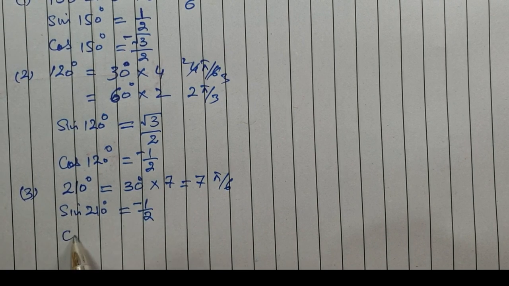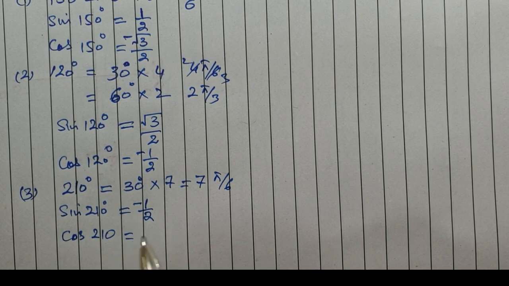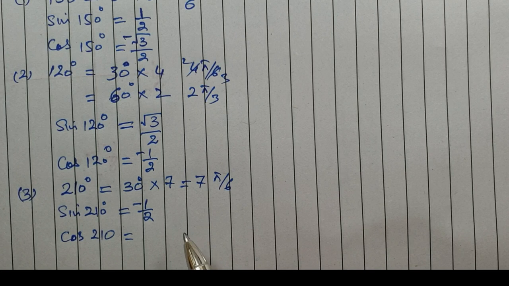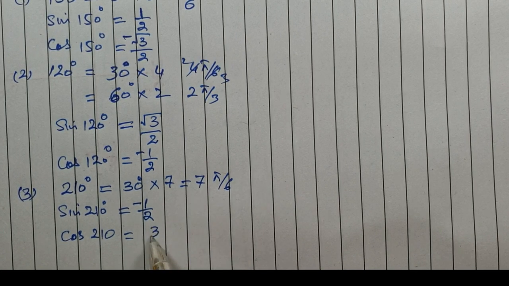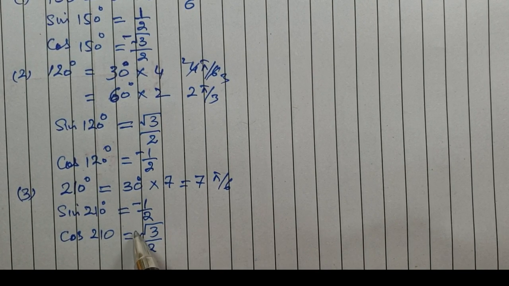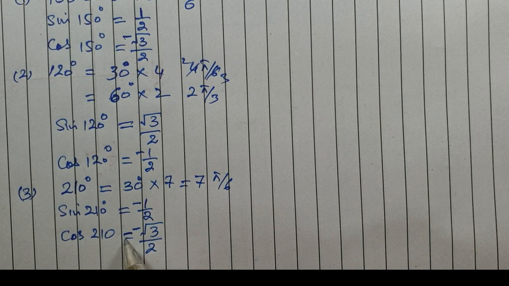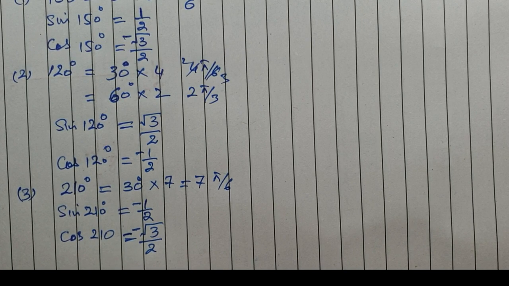And for cos 210, the value is for 30 degree, and cos 30 degree is under root 3 by 2. It must also be negative because it is the third quadrant, and in the third quadrant tan is positive only.